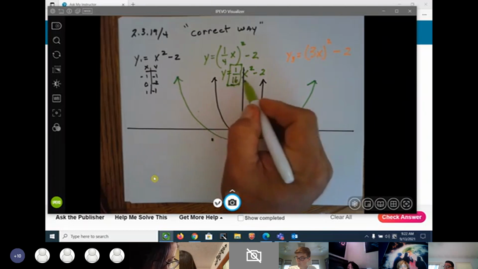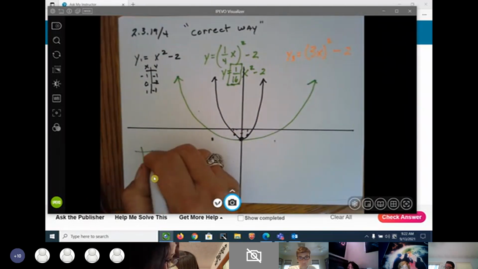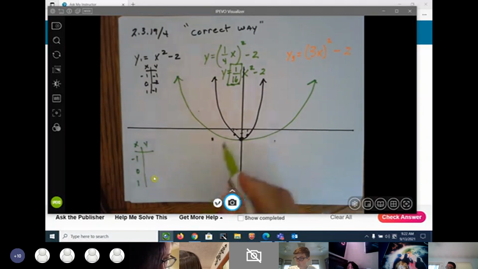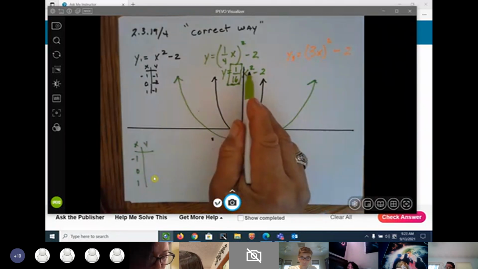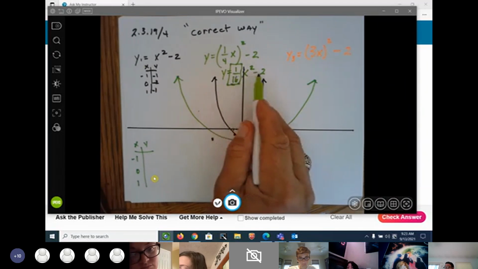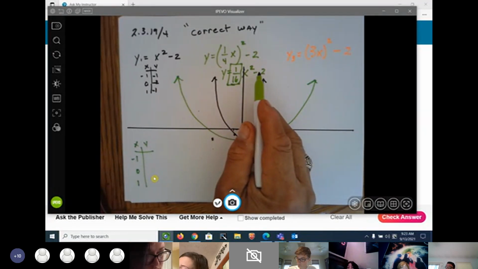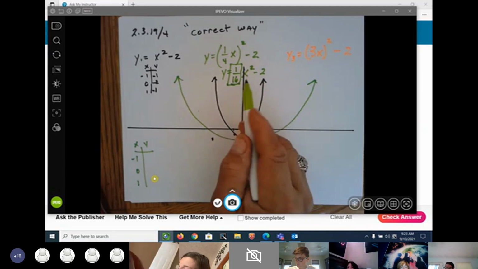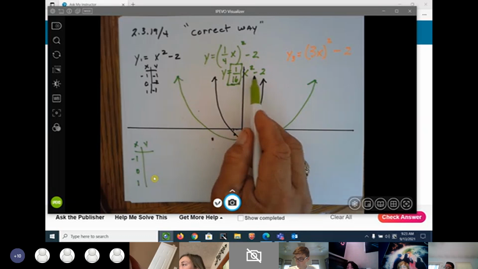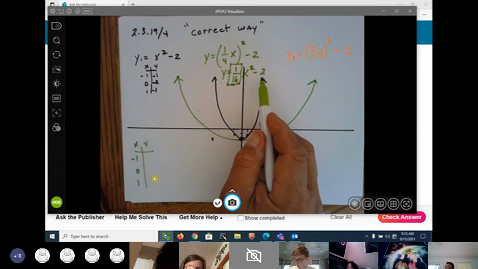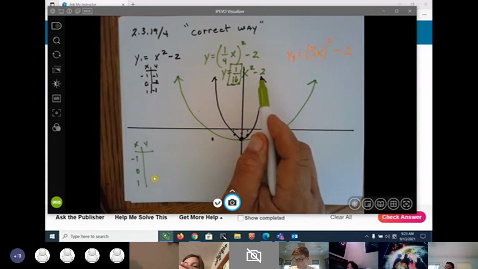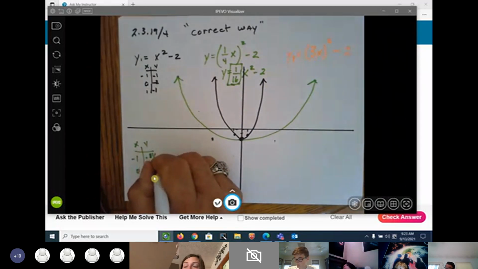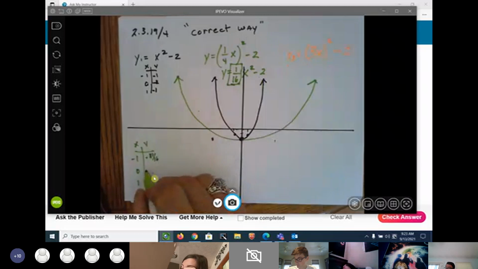And to give you some perspective, negative 1, 0, 1. Negative 1 squared is 1. 1/16 minus 32/16 is negative 31/16. 0 minus 2 is negative 2.